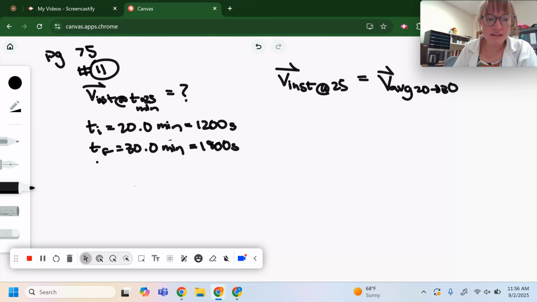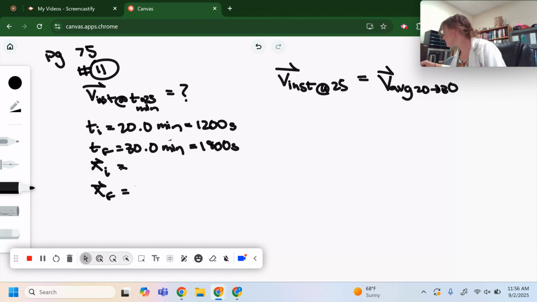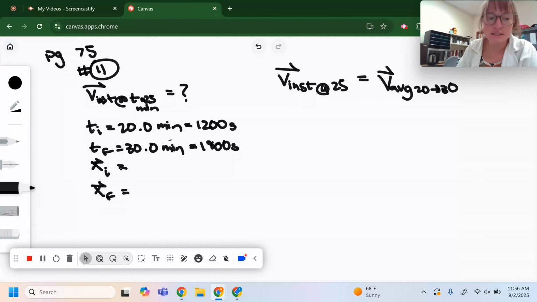Then I look on my graph to find my initial position and to find my final position. At 20 minutes, I look at my graph and my position is about, we said this last time, about 3.8 times 10 to the third meters.